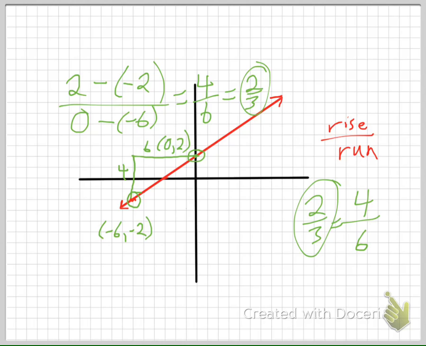All right, let's look at another example really quickly.